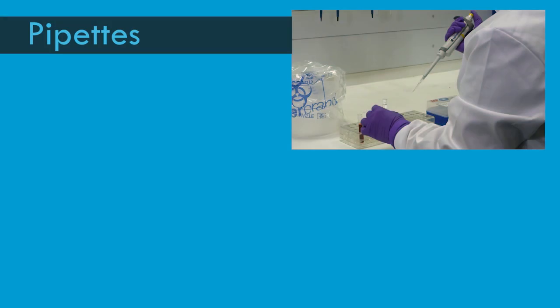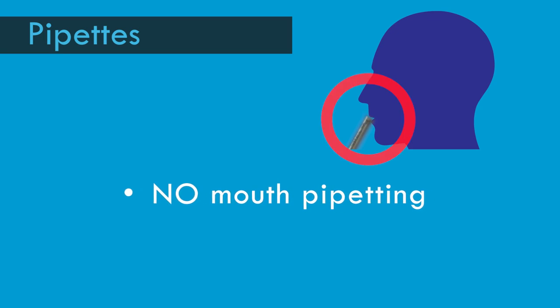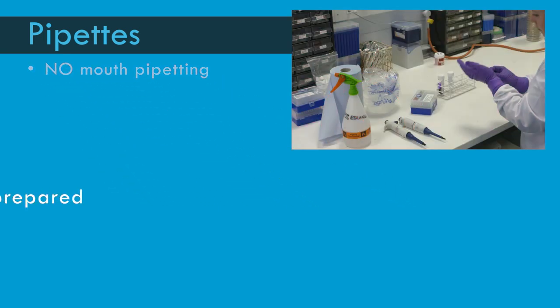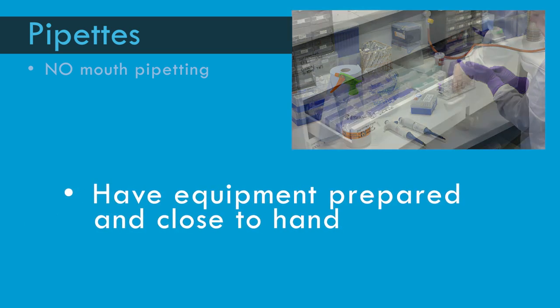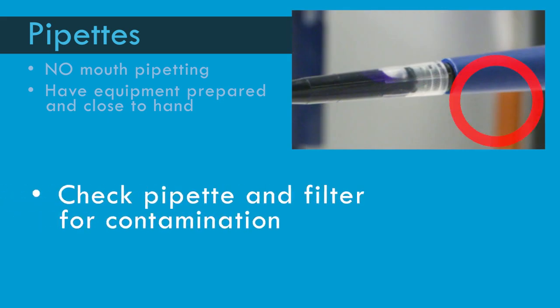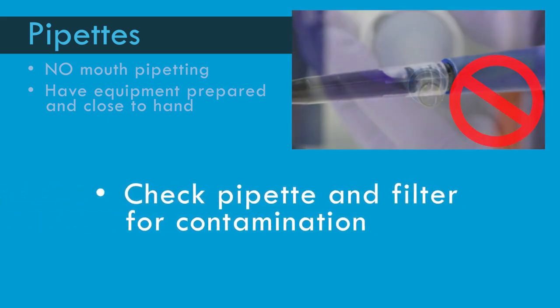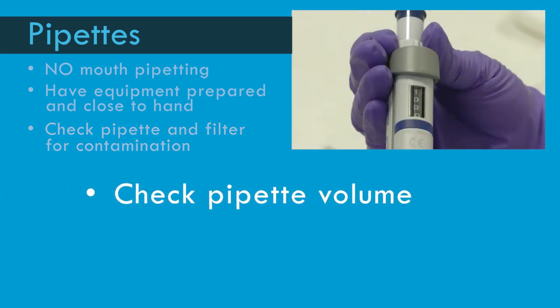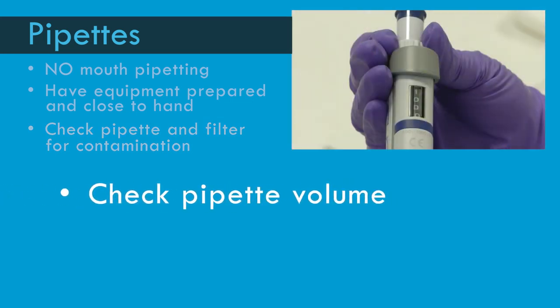In summary, good practice when working with pipettes includes no mouth pipetting. Have the right equipment to hand, including spare pipette tips. Check the pipette for contamination before, during and after use. Check the pipette is set to the correct volume before use.